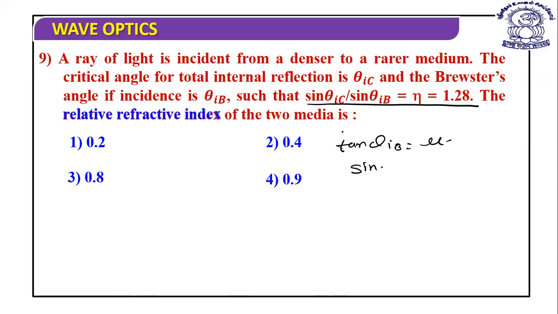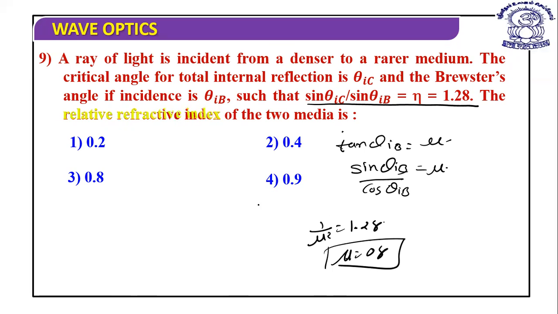So sine theta IB upon cos theta IB is equals to mu. So 1 upon mu square is equals to 1.28. So mu will be equal to 0.8. So third option is correct.